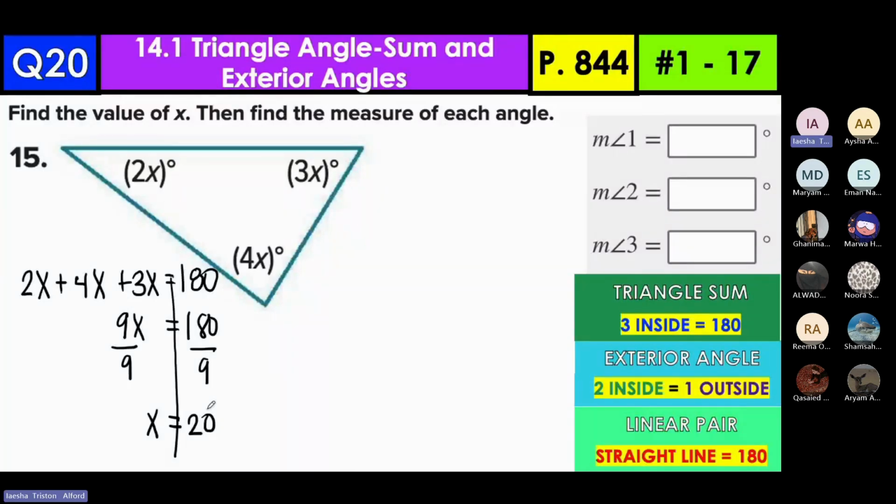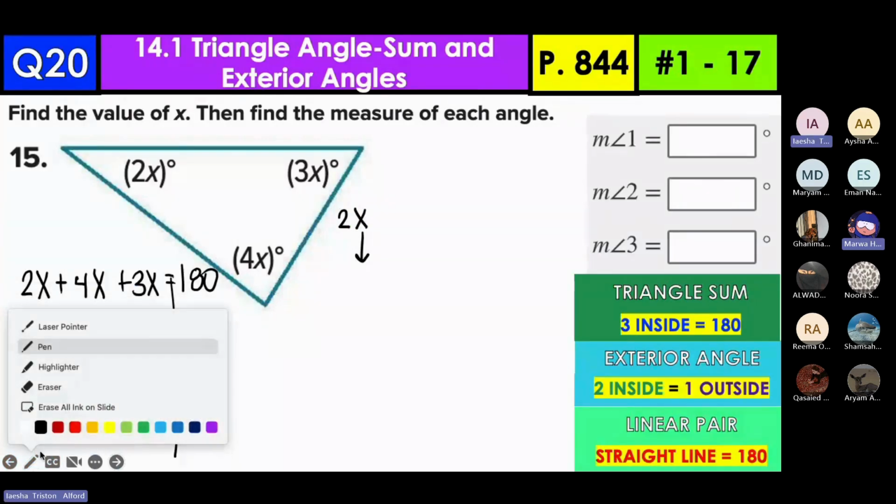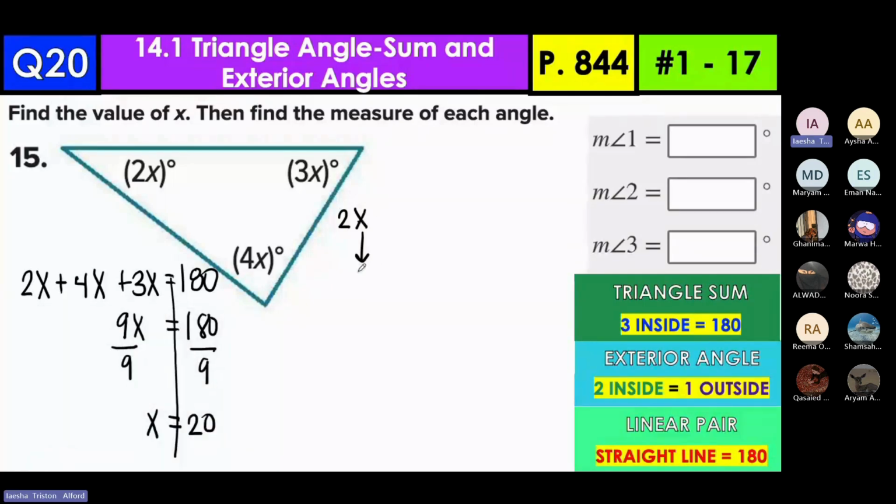What does the question want from you? The measure. So we need to take 2x. We're not writing x. Writing 20 equal 40. So do not write x.